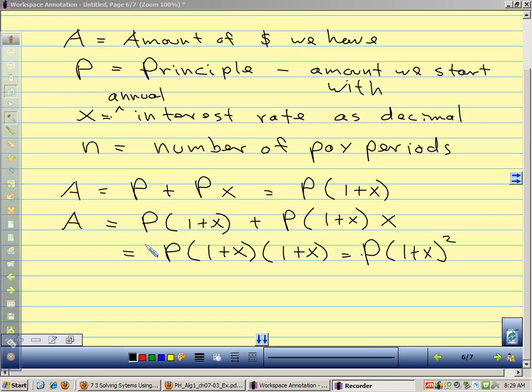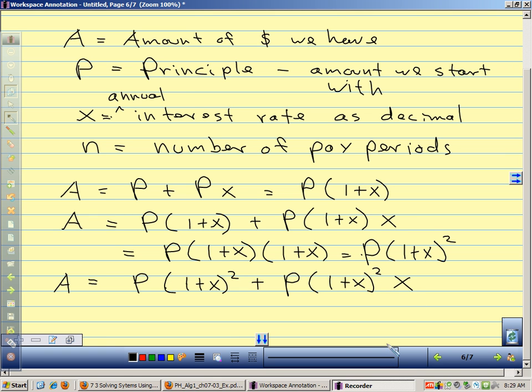If I do this again, now I'm going to earn interest on this amount. After I earn interest again, I get P times 1 plus X squared plus, I'm earning interest on this amount now, P times 1 plus X squared times X. Yes?